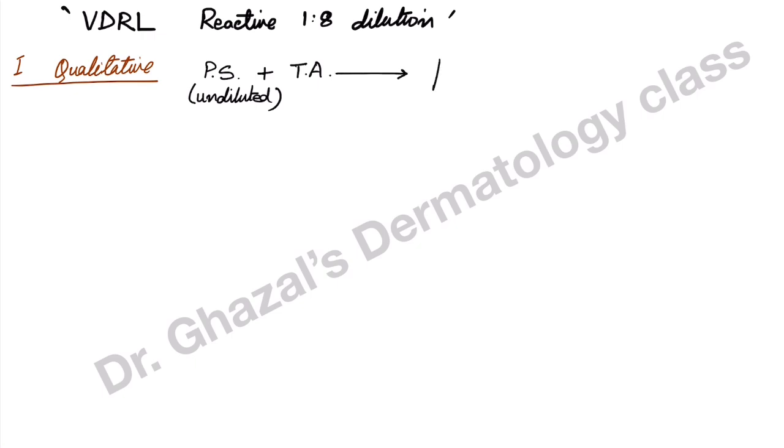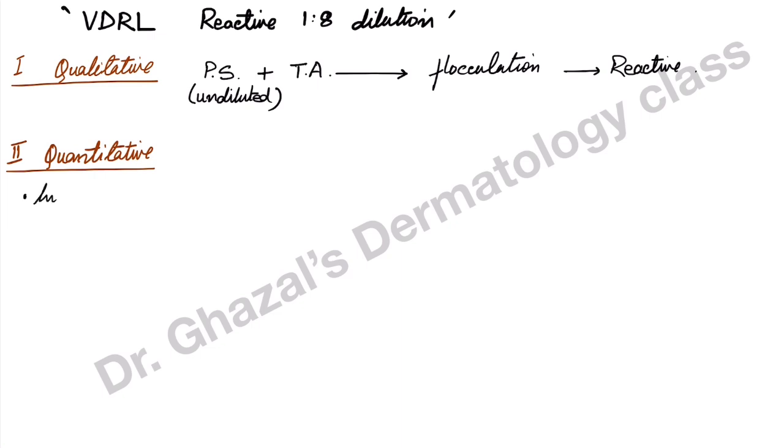If there is flocculation, it is reported as reactive. The second kind is quantitative VDRL, in which the patient serum is tested in dilution and the highest dilution which comes as reactive is reported.